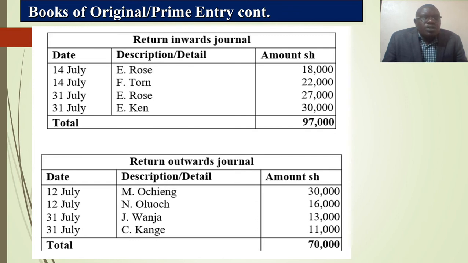On Enolwatch, we returned goods amounting to 16,000 Kenya shillings. The second day is 31st July, where we returned goods to J. Wanja amounting to 13,000 Kenya shillings. And C. Kange, we returned goods amounting to 11,000 Kenya shillings. The total of goods which we returned back to suppliers is equivalent to 70,000 Kenya shillings. So that is the total we transfer to purchase returns account in the purchases ledger.